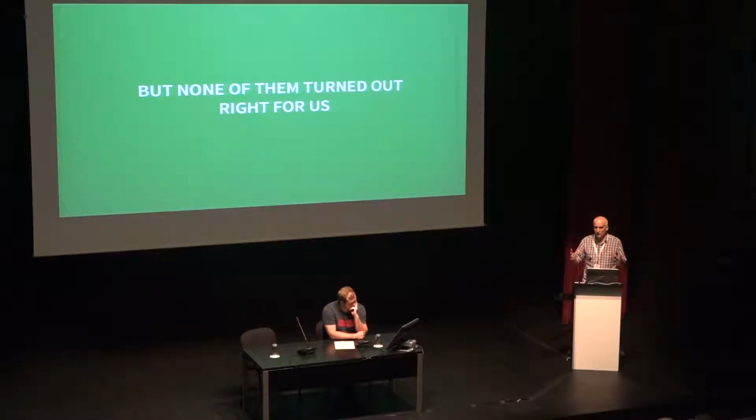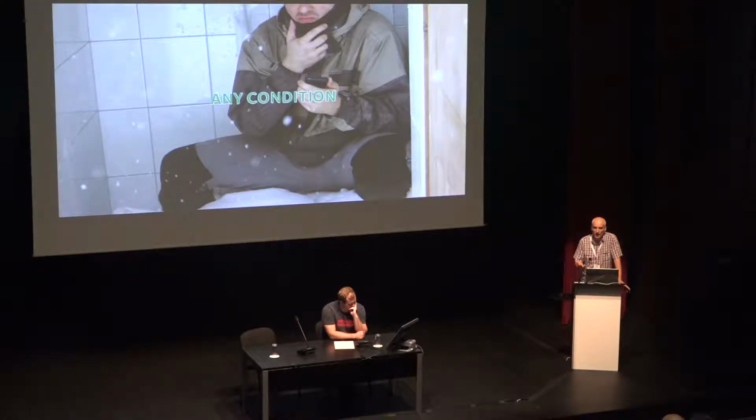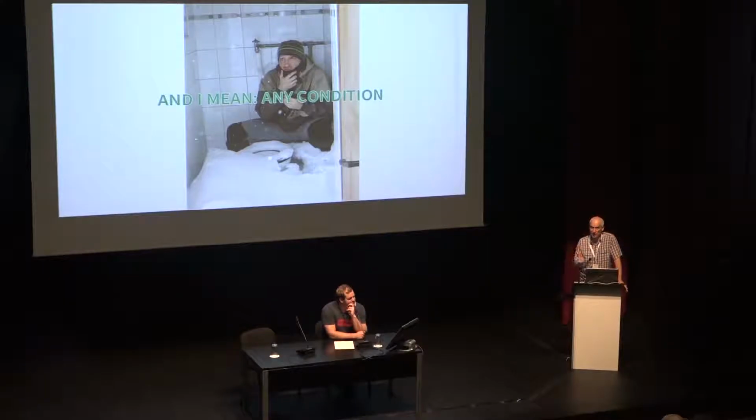We were just looking for something to get data of the environment very quickly in any situation. And when Android came along, this opened up exactly what we were looking for. So it was easy at that point to have a device always in your bag, and it made it possible to survey in practically any condition. And I really mean any condition.